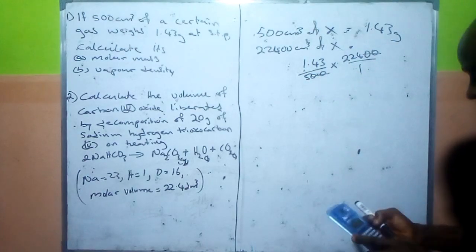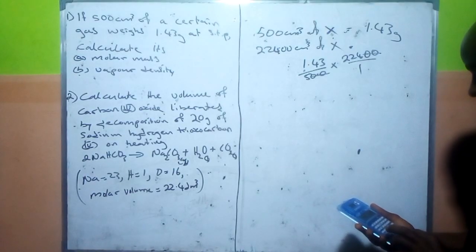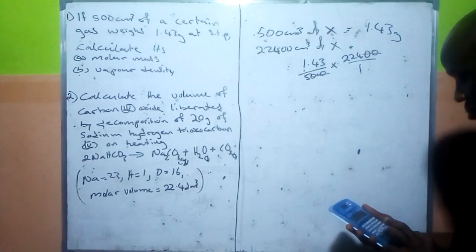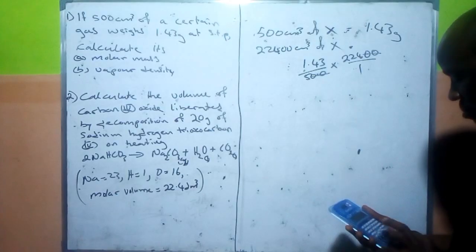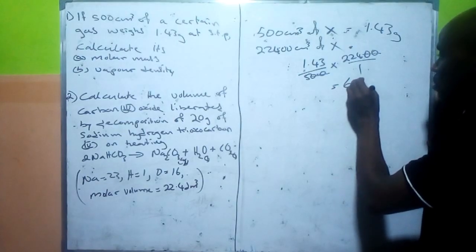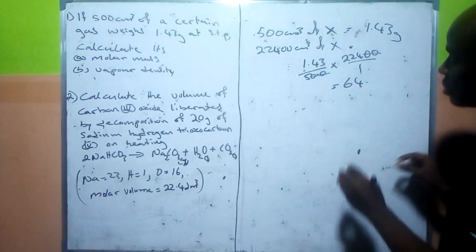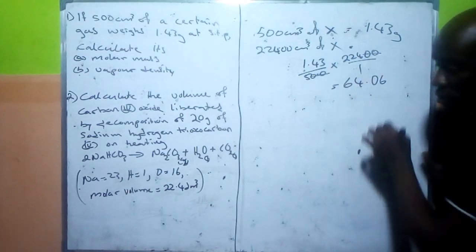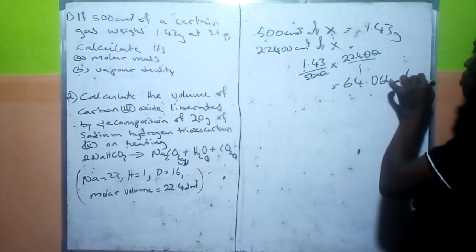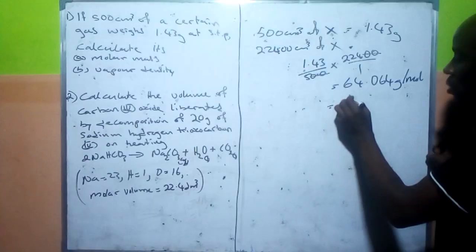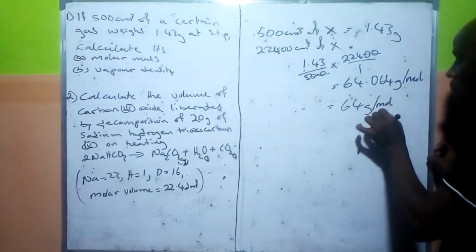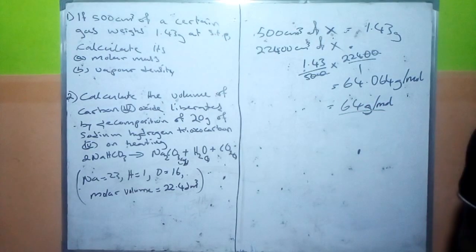Then we have 1.43 times 2 divided by... what we have is 0.64 gram per mole, or alternatively we can round it up to a whole number: 64 gram per mole. That's the answer to the first question.